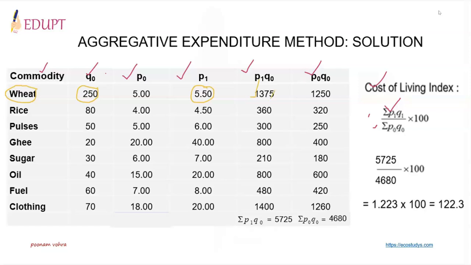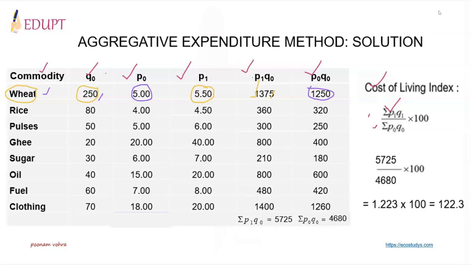And then one can find P0 Q0, that would be prices of the base year, which was 5 for wheat only, and quantity is 250. So 250 multiplied by 5, you get 1250. Similarly, you can find P1 Q0 and P0 Q0 for each commodity.